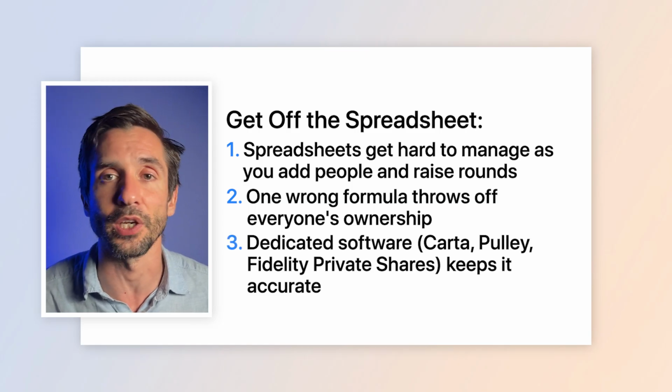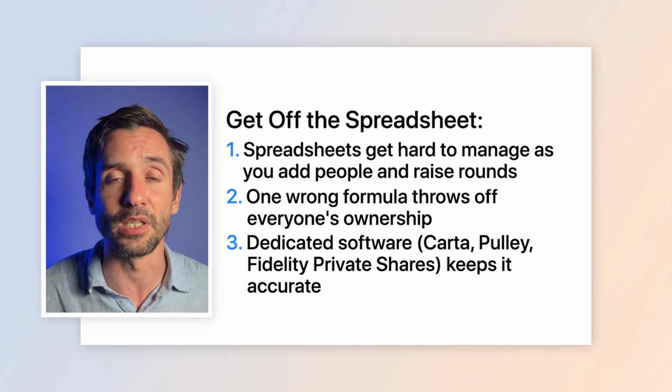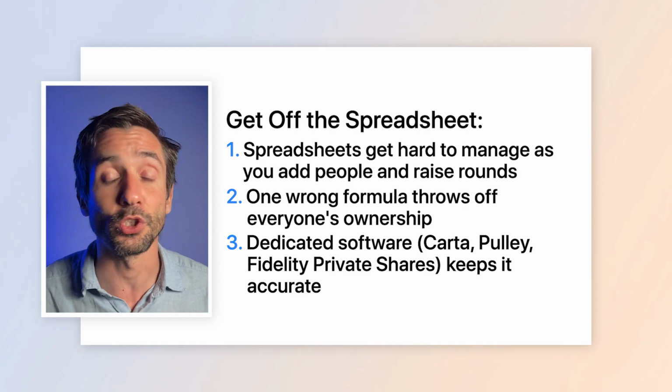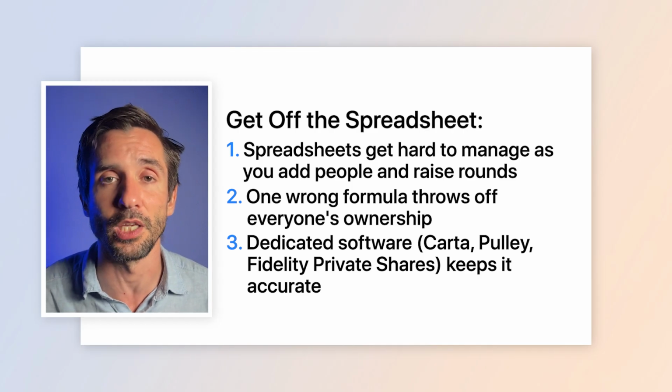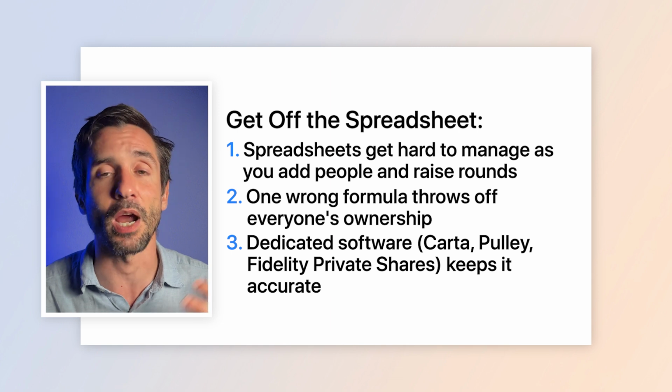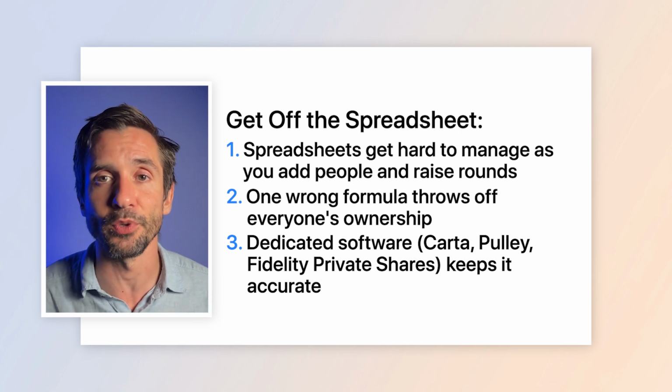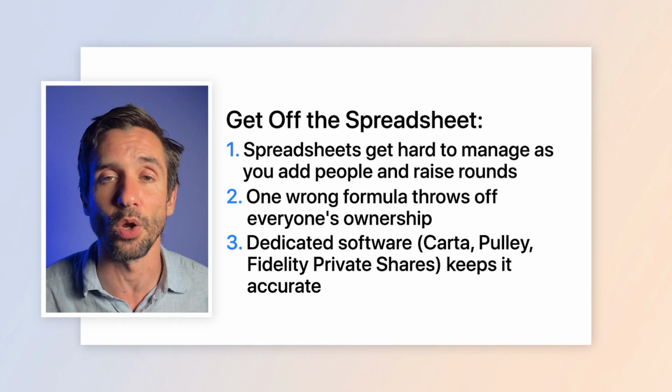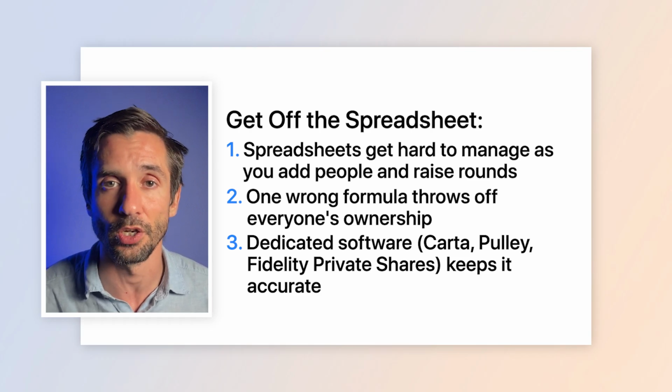This is why tools like Carta, Pulley, or Fidelity Private Shares exist, which are software built specifically for keeping your cap table accurate. They track every share, everything you've promised your team, and every SAFE in one place, so the math stays correct as things change. Around 90% of the founders I work with are already on a dedicated cap table platform, so it's pretty much the standard at this point.